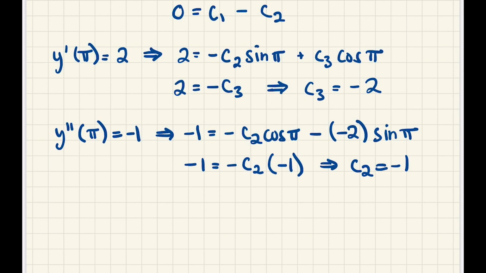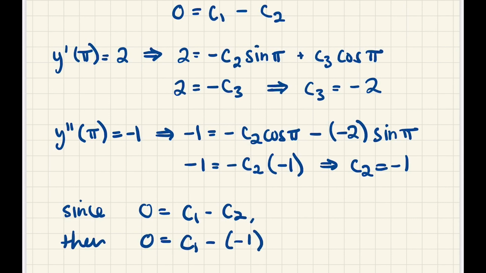Since we have two of the variables already for free, we can go back to this 0 equals C1 minus C2 business and say, since 0 is C1 minus C2 and C2 is negative 1, okay, well this tells us C1 is equal to negative 1.